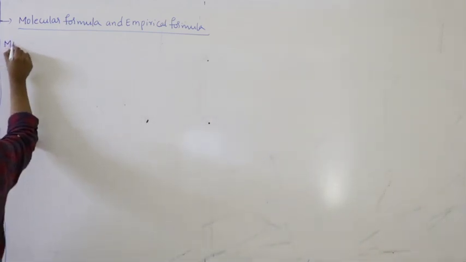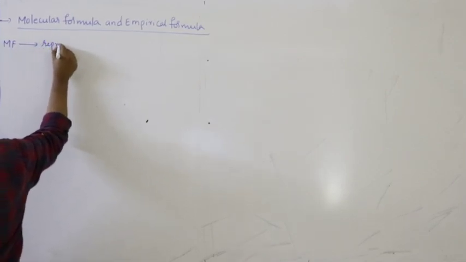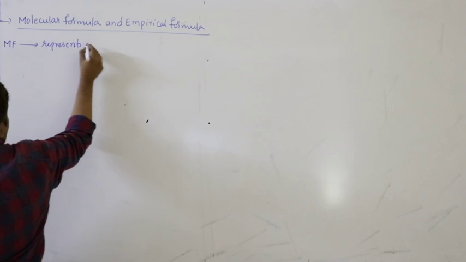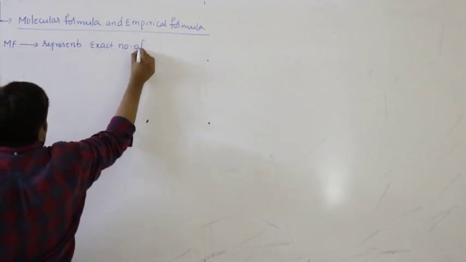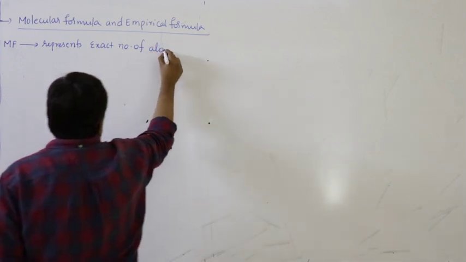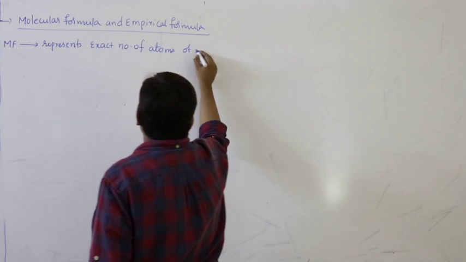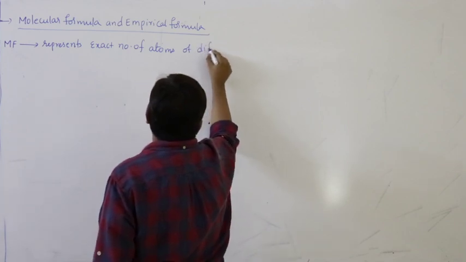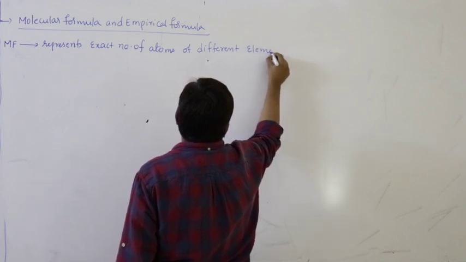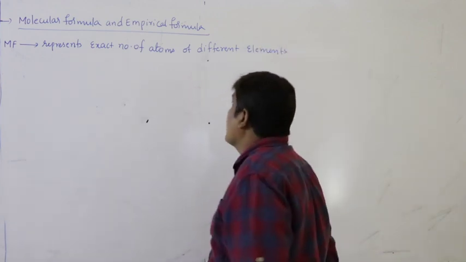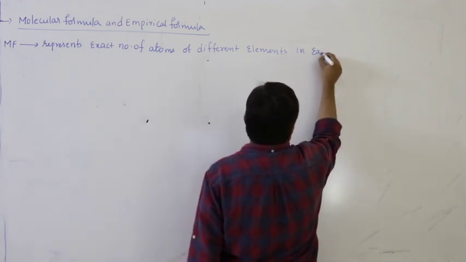So I write here, molecular formula MF represents exact number of atoms of different elements in each molecule of a compound.